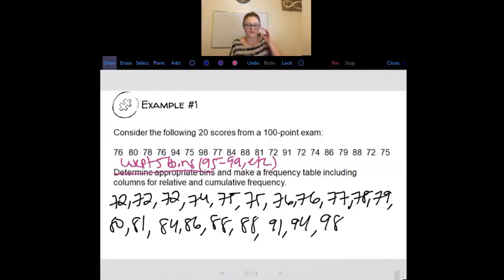Okay, so I have my values here written least to greatest, and we're dealing with 5-point bins.